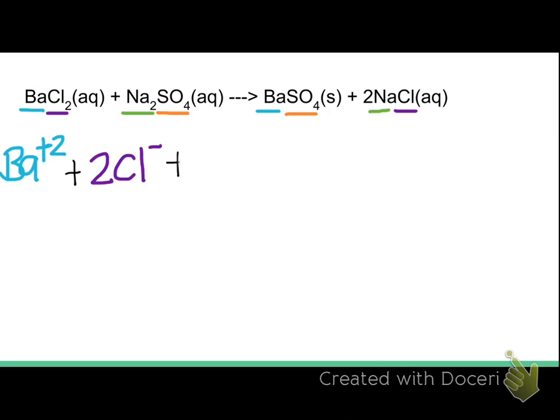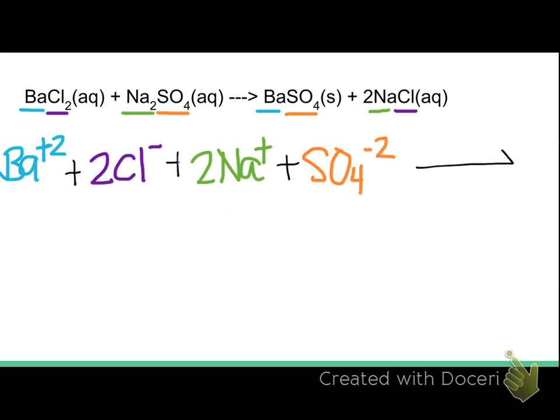I have 2. And then we are left with the SO4. So there's our reactant side.